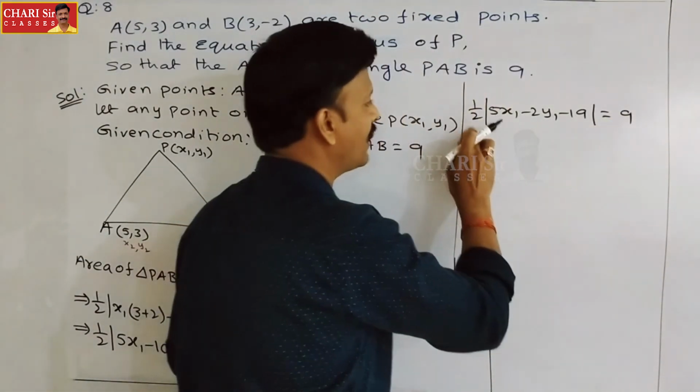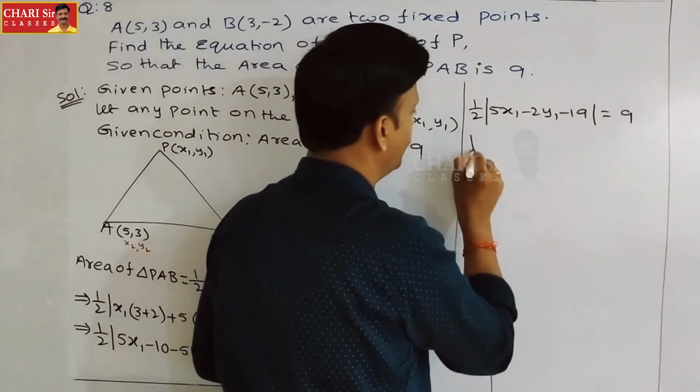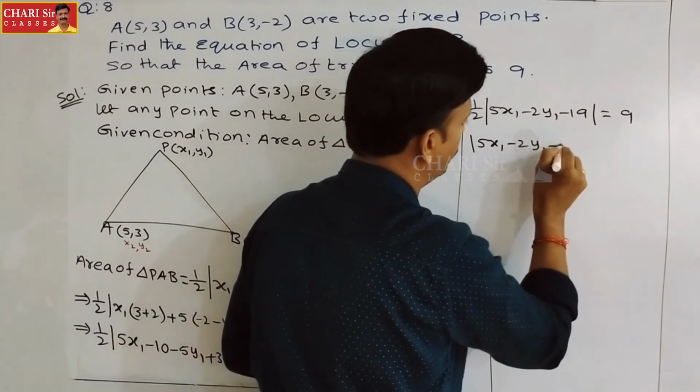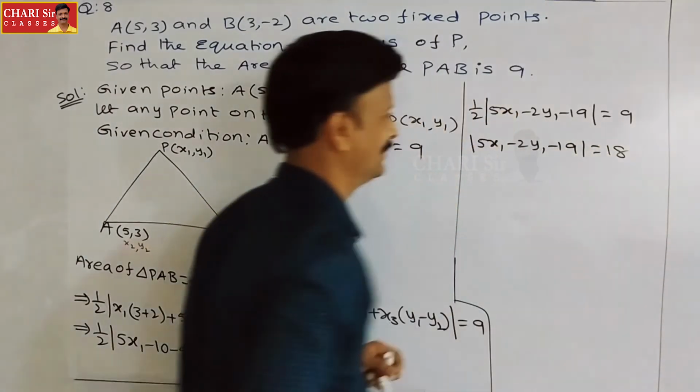Now we cross multiply by 2, so 2 times 9 is 18: modulus of 5x1 minus 2y1 minus 19 is equal to 18.